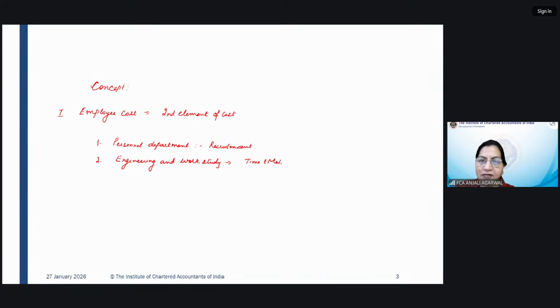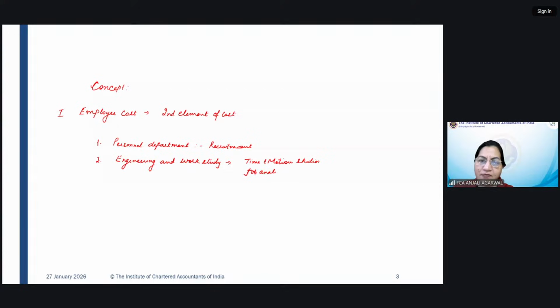Time and motion studies will tell you what should be the standard time to do a job, and what is the right way to do a job. After the selection process, the engineering and work study department will do all these studies.